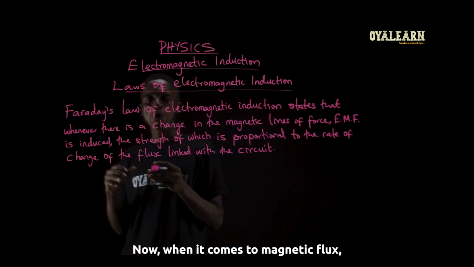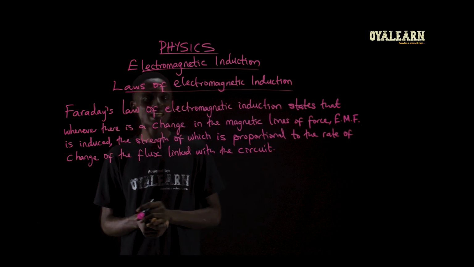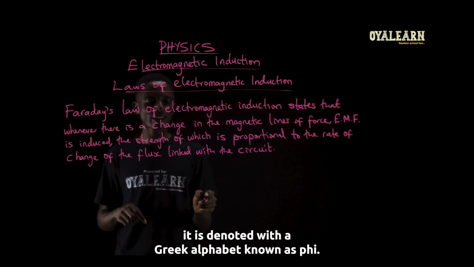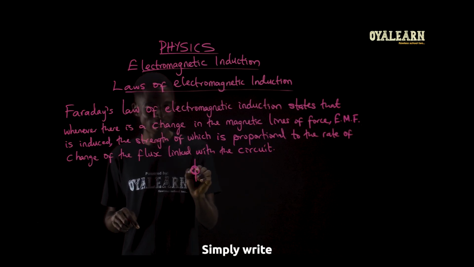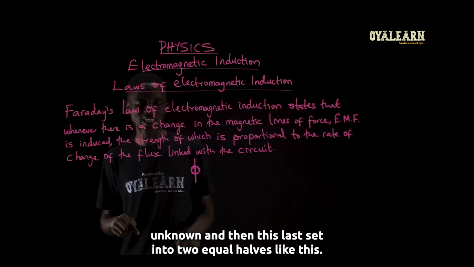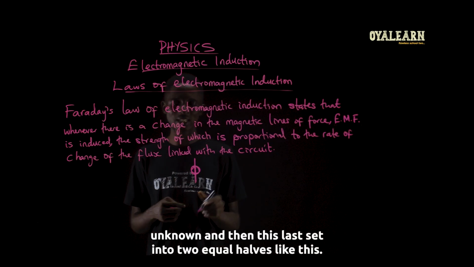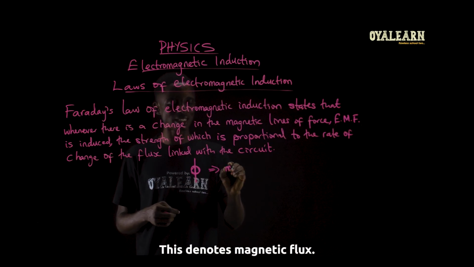Now, when it comes to magnetic flux, it is denoted with a Greek alphabet known as phi. You simply write an O and then a slash that cuts it into two equal halves like this. This denotes magnetic flux.